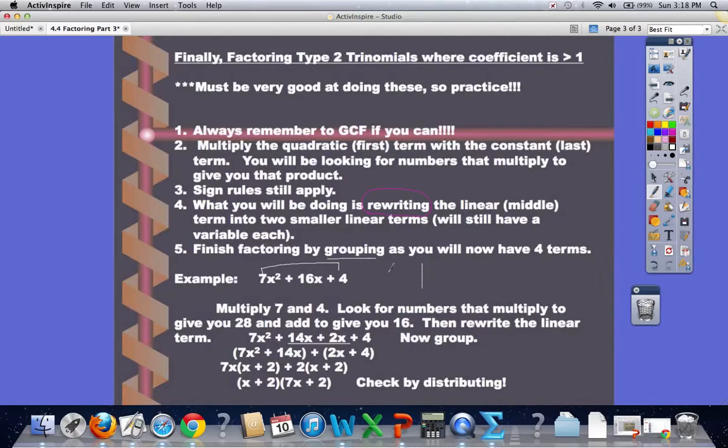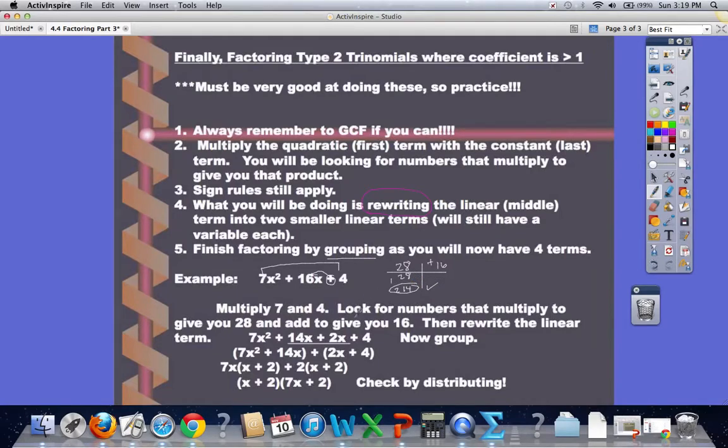So you're looking for factors of 28 that add to be 16. So I put add to be 16 over here. You're going to be looking for those factors. 1 and 28, they don't add to be 16. 2 and 14, yes, they do. So those are the ones we're going to be using, 2 and 14.